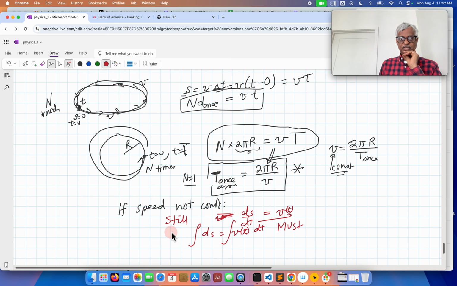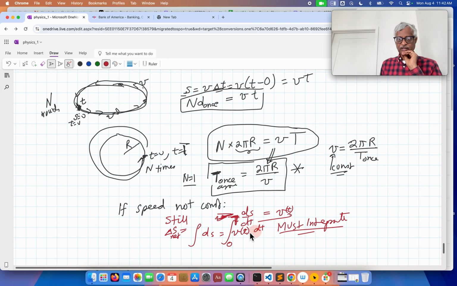So this is the net distance, delta s, that I went, say from 0 to capital T, which I must integrate.